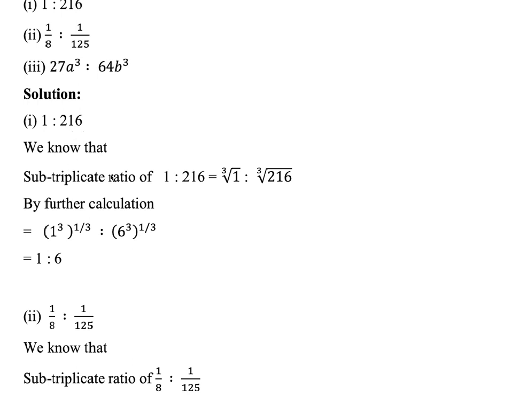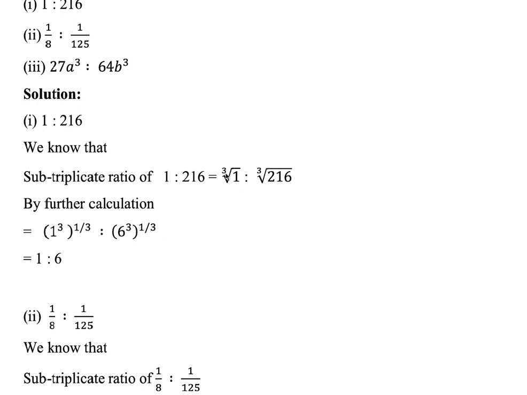Sub-triplicate ratio means 3 root 1 is to 3 root over 216. So ultimately it comes to 1 to the power 1 by 3. Okay, and 216 is equal to 6 to the power 3, whole to the power 1 by 3.